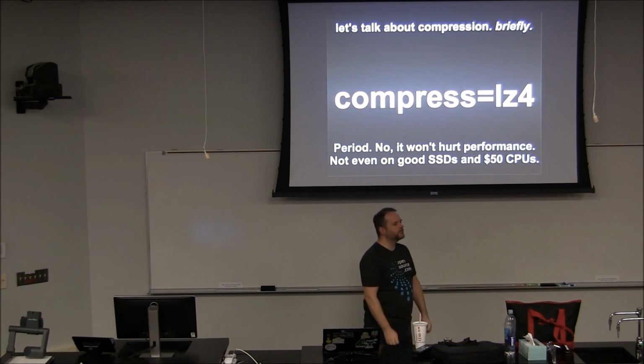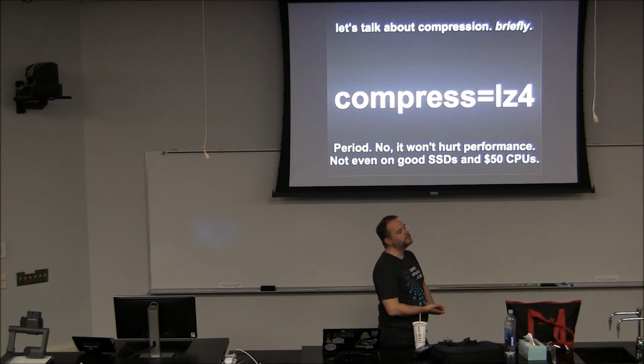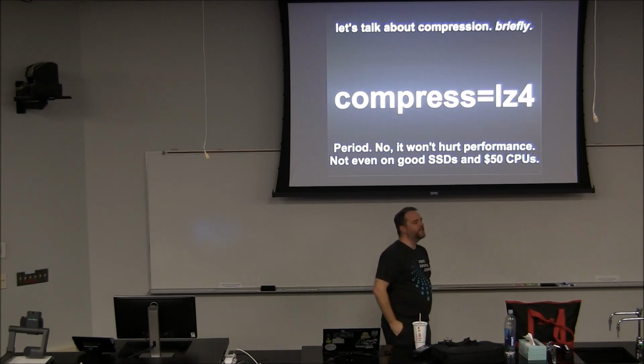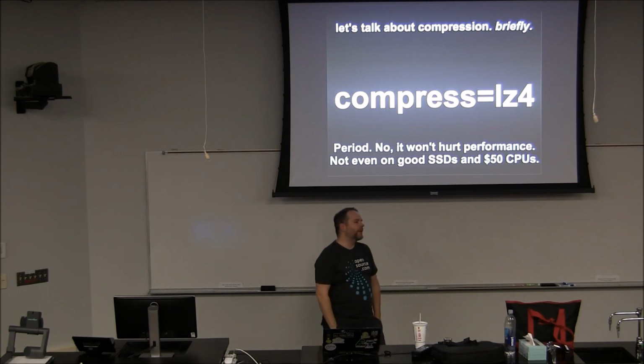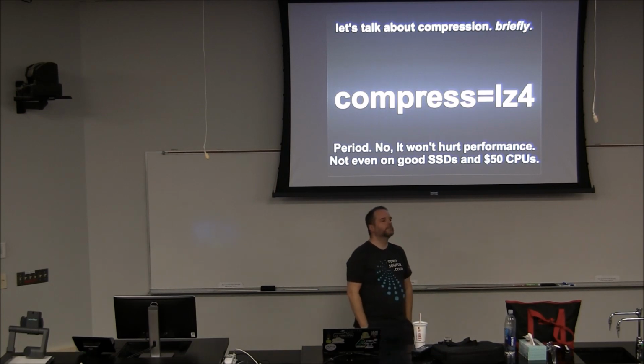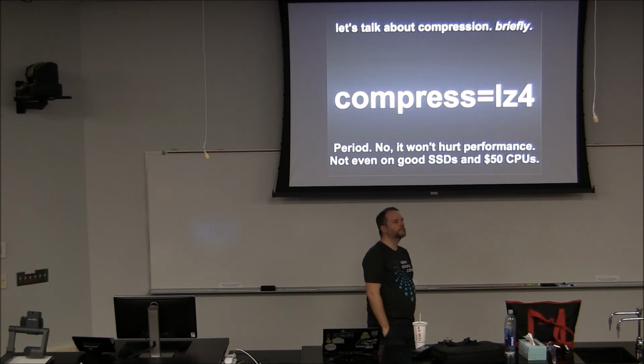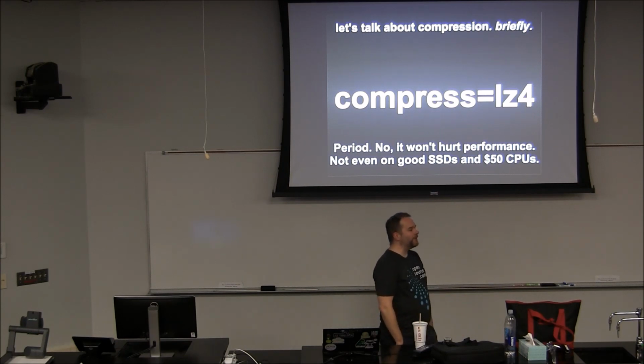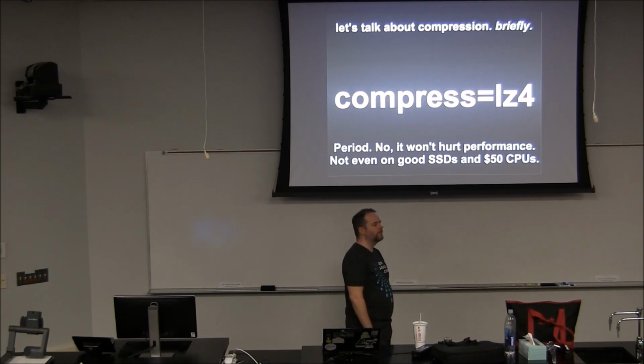Yes? Will that by any chance cut into the CPU power that could be used for other things? Teeny tiny bit. Not enough to notice even on that little $50 AMD Tinker Toy I mentioned. What about a low power ARM type chip? Is it still just really truly negligible? You would want to benchmark that. On a really low power ARM, benchmark it. Dual core 1.6 gigahertz, that type of range, somewhere in that ballpark?